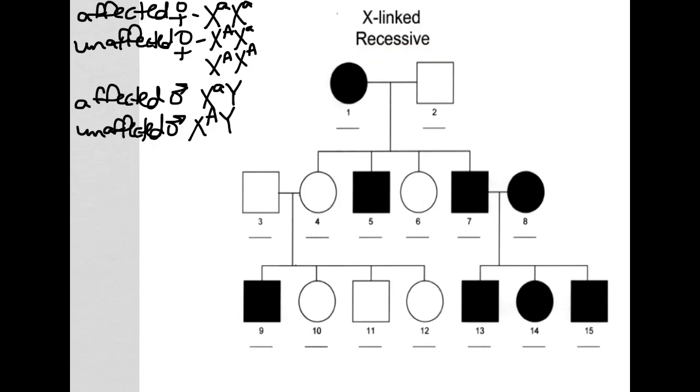Okay, so now let's start assigning genotypes. As I already stated, we know that affected females have the genotype XaXa. So we can fill in all that group. Okay, and then next we know that all affected males are XaY, so we can fill in their genotypes as well.